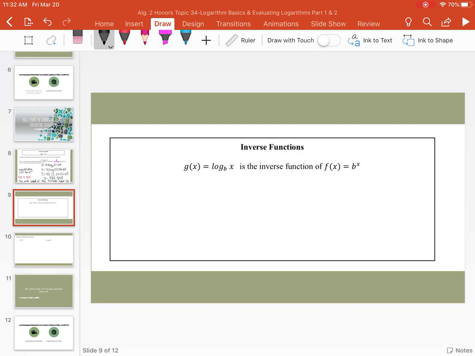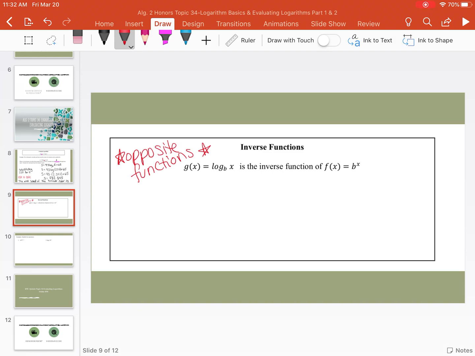Okay, let's talk about inverse functions. Inverse functions are like opposite functions. Think about it, if you have negative 6x and positive 6x, those are inverses.